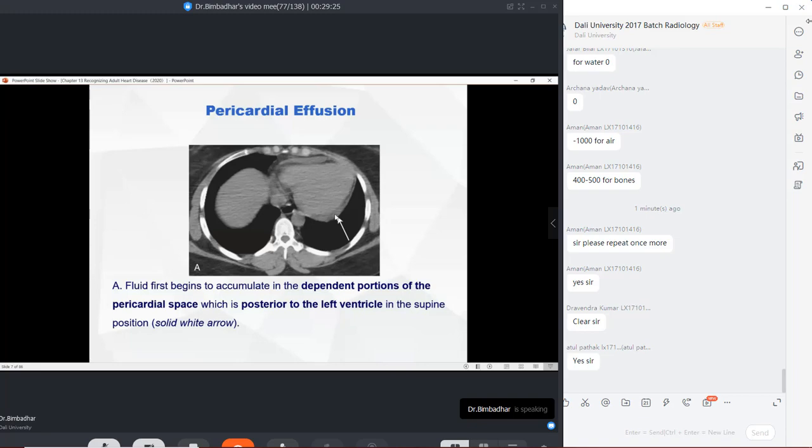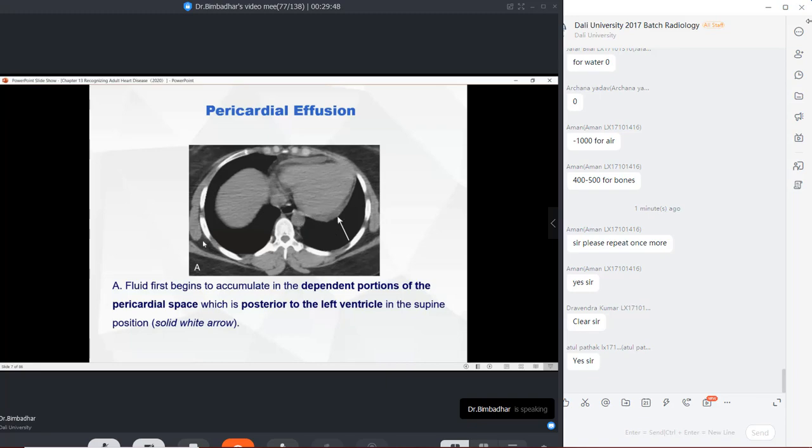And this is the most dependent part of the pericardial space, right? So unless there is a massive pericardial effusion, it does not encircle the heart. So the first area for a pericardial effusion is always the posterior side of the left ventricle.